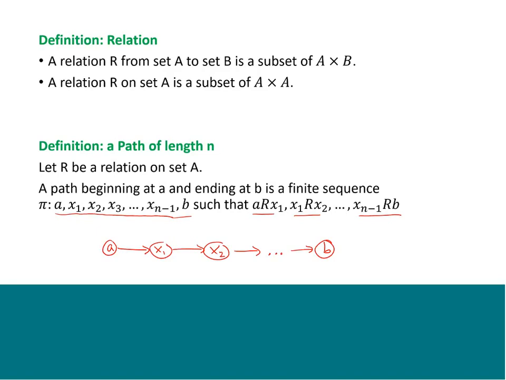Technically speaking, this is in graph theory called a walk as opposed to a path. However, I'm not going to get that specific. I'm just going to keep it in terms of path because that's easiest.